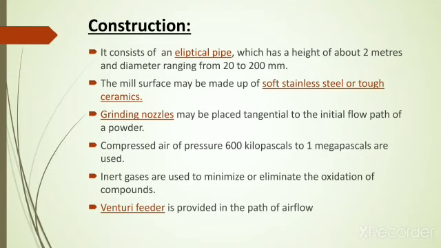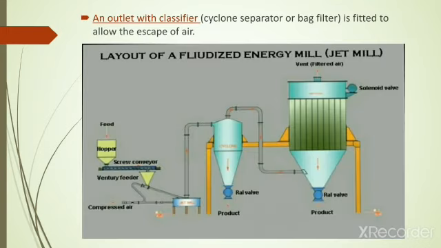Compressed air of pressure 600 kilopascals to 1 megapascal is used. Inert gases are used to minimize or eliminate the oxidation of compounds. Venturi feeder is provided in the path of airflow. An outlet with classifier, cyclone separator or bag filter is fitted to allow the escape of air.